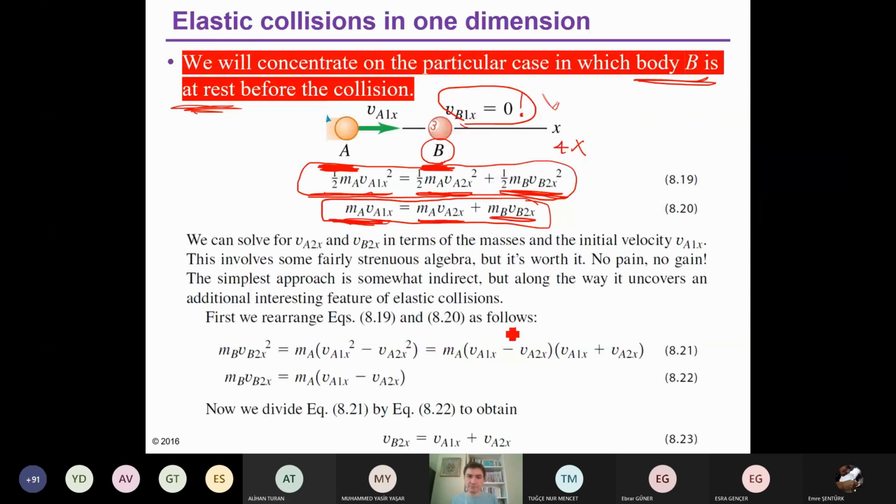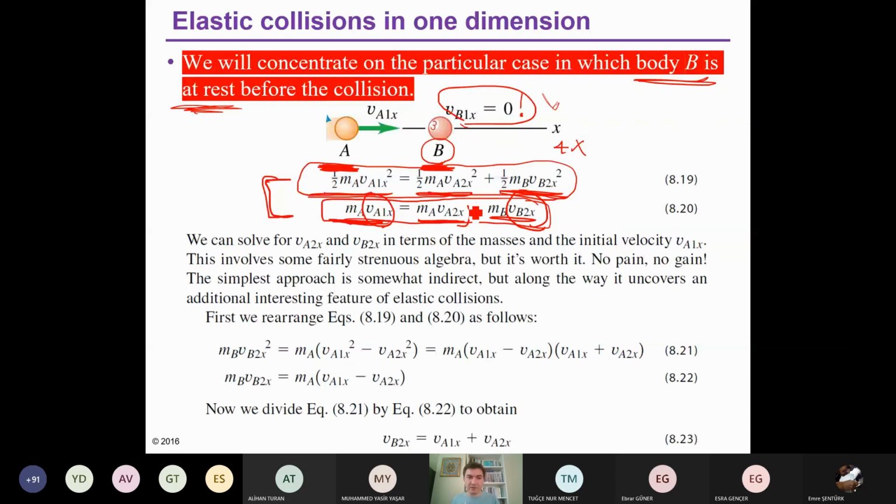Okay? So here we have two equations. By using these two equations, you can get an expression for the initial velocity of the A ball, or the final velocity of the B ball, or the final velocity of the A ball.